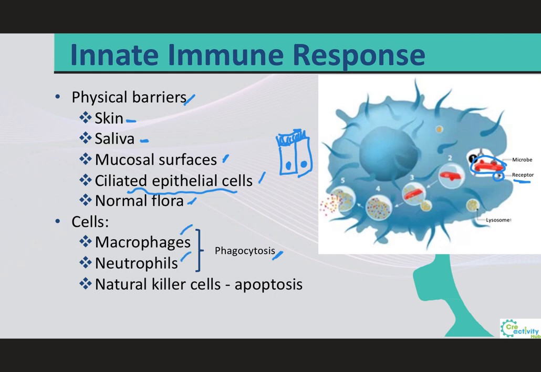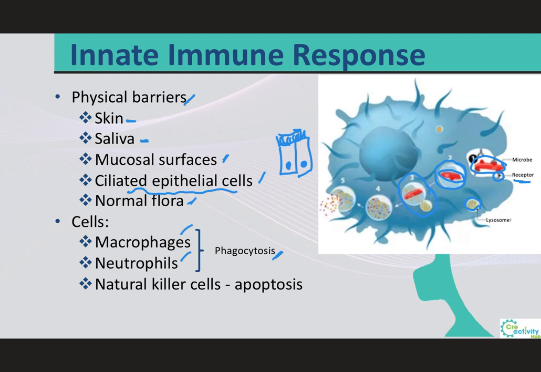And after the binding between the microbe and the surface cell receptor, the microbe will then get engulfed, forming this vesicle that will contain the microbe. And this vesicle is known as a phagosome. And after the formation of the phagosome, it will merge with a lysosome to form what we call a phagolysosome.